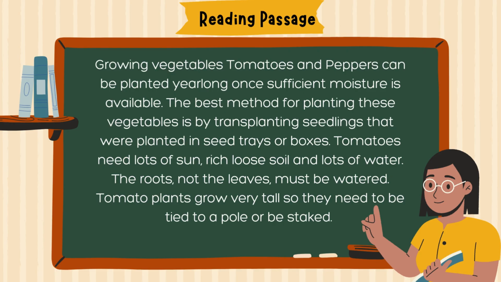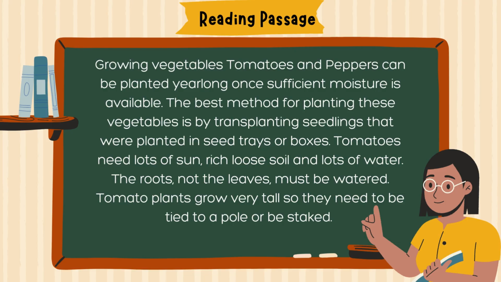Next, you have a reading passage. It says, growing vegetables, tomatoes, and peppers can be planted year long once sufficient moisture is available. The best method for planting these vegetables is by transplanting seedlings that were planted in seed trays or boxes.